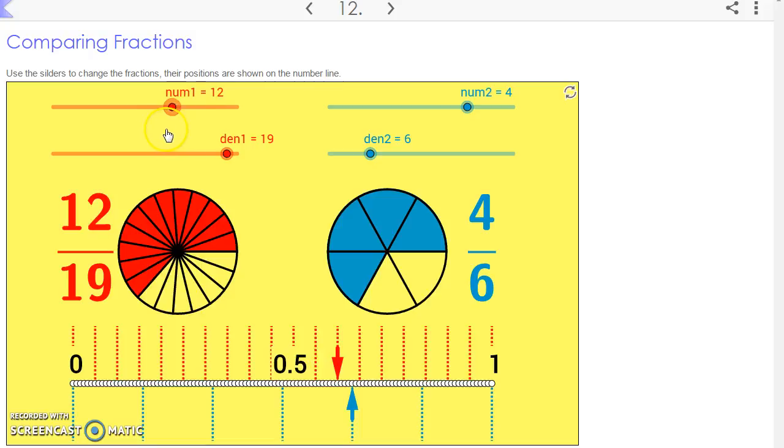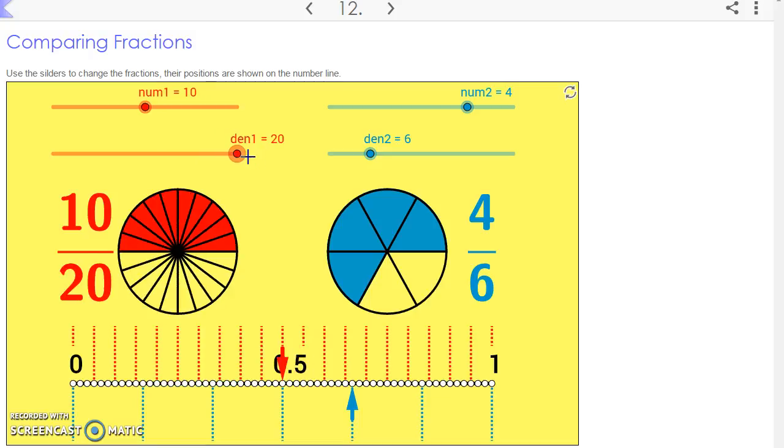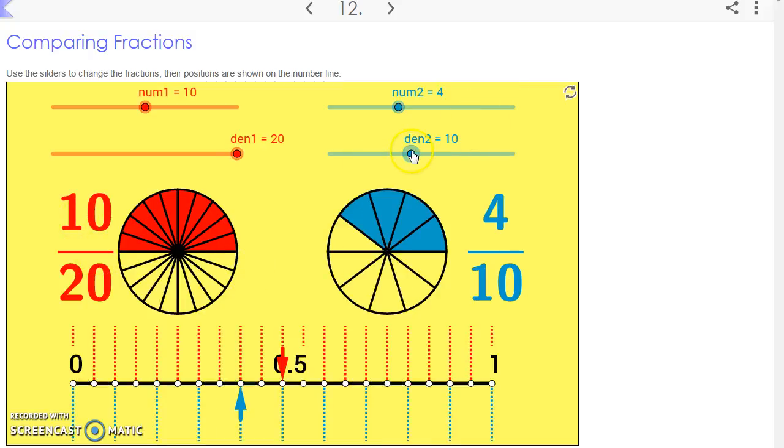So if you have the numerator at 10 and the denominator at 19, that's worth more than having the denominator at 20, and you can show them in comparison on this chart. For example, 10/20 sounds like it would be greater than 10/10, but when you compare them, you can see that it's really not.